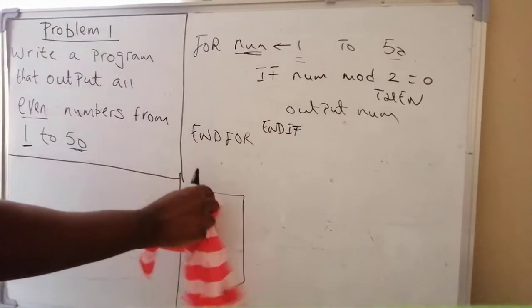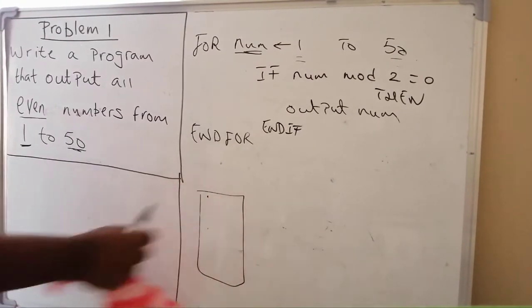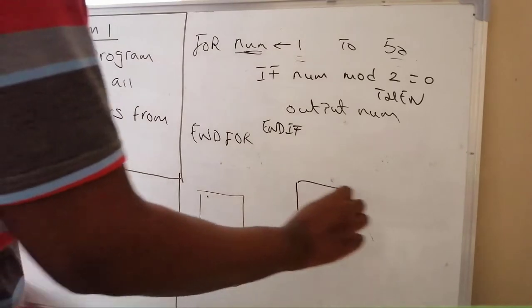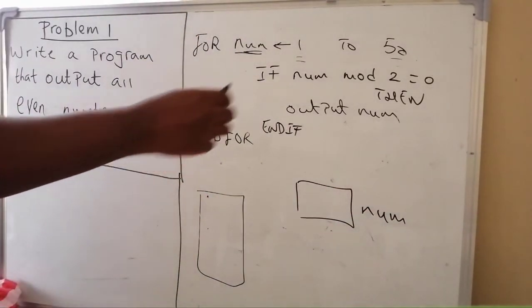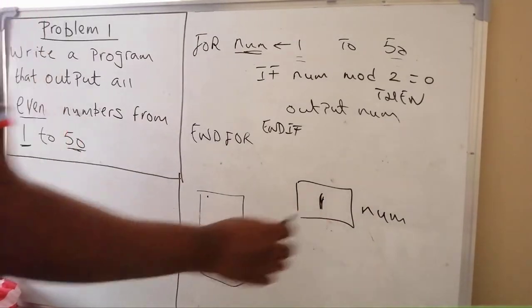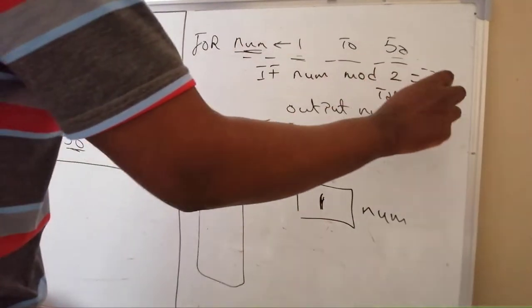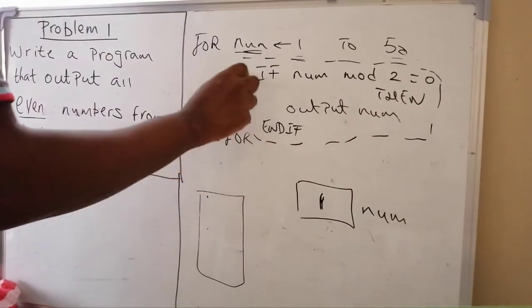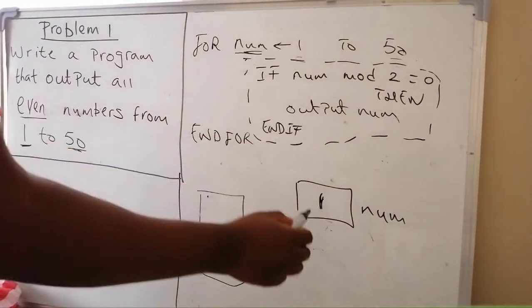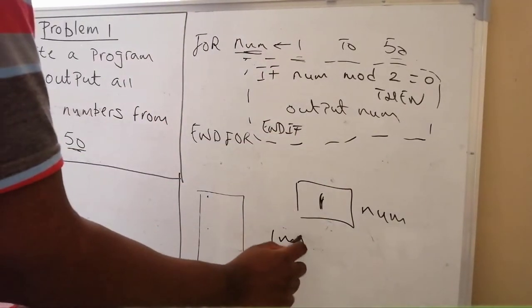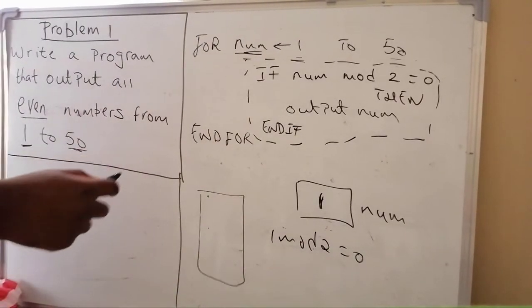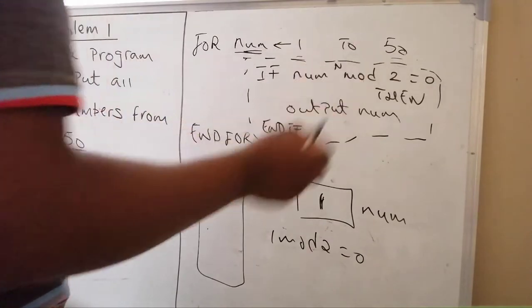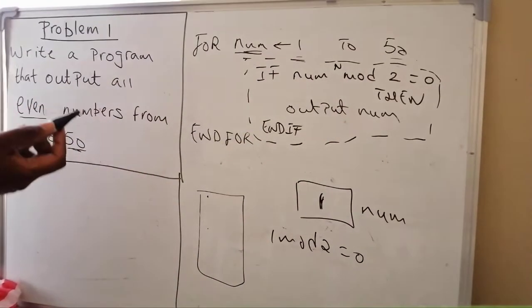So let me clean my output screen, and then you're going to have num, which is here. So when num is 1, again this is my loop body, is 1 mod 2 equal 0 right now? The answer is no, because it's going to give us a remainder of 1, so it doesn't output that number.